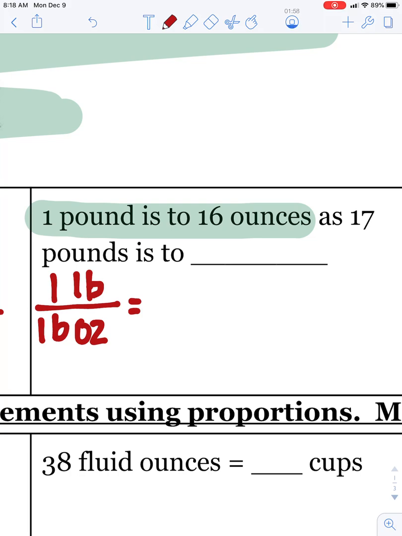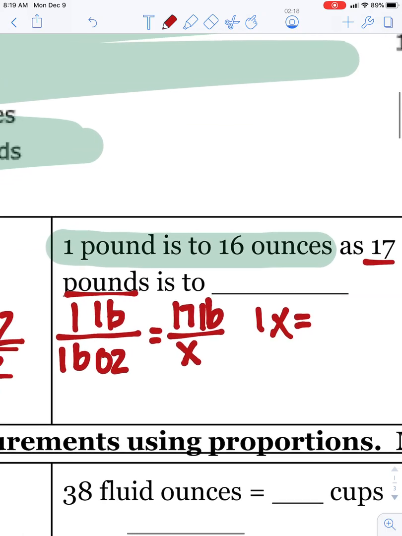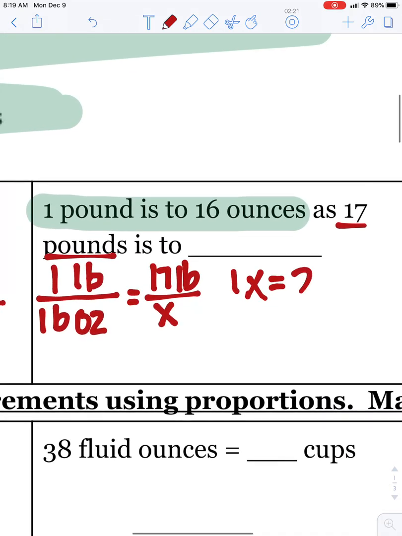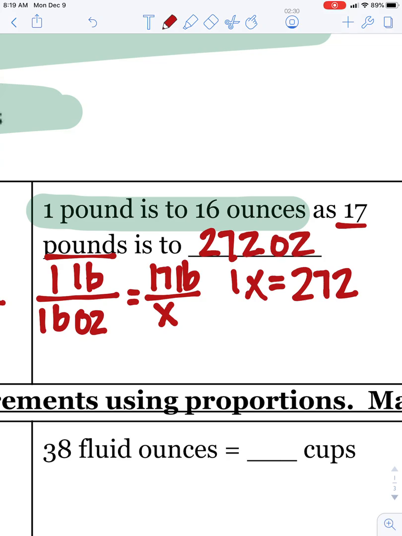And then we see that we have 17 pounds, so we're going to put that on top over X. When I cross multiply this one, it ends up giving me 1x equals 16 times 17, which is going to give you your actual answer. So that answer is 272. You're technically dividing by 1, so your answer is 272 ounces.